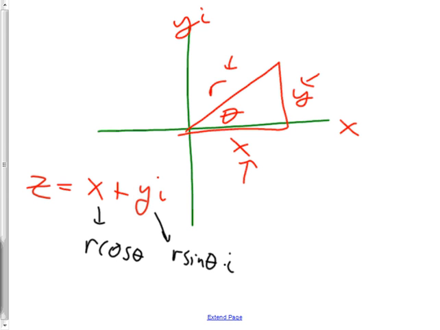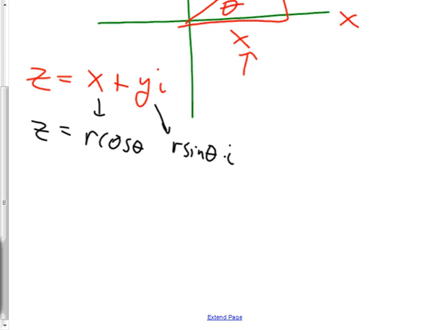I'm going to put times i at the end. Okay. So z would be that. Do you get all I've done is swap out my x for r cosine and my y for r sine? Does that make sense so far? Okay. Do you get I've kind of changed it into polar? Still has an i running around in it, but it's been changed from x's and y's to r's and thetas.